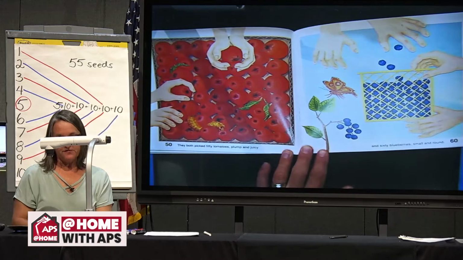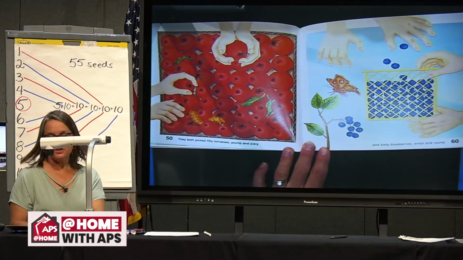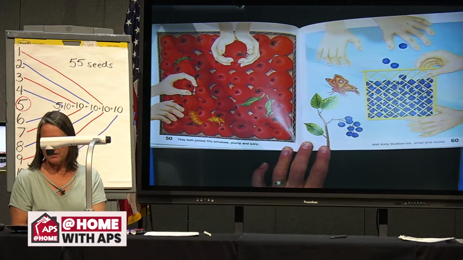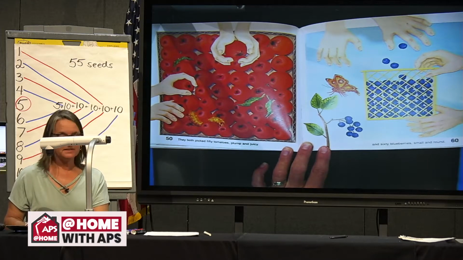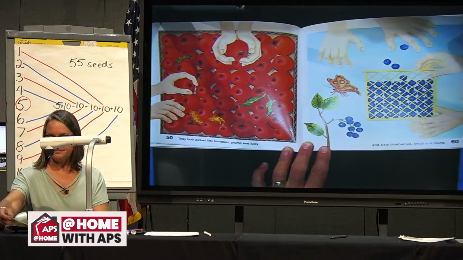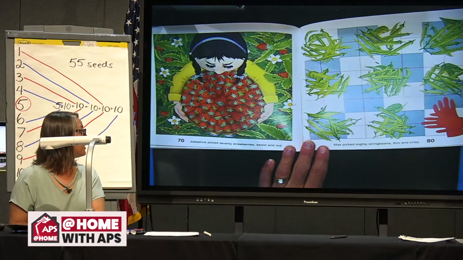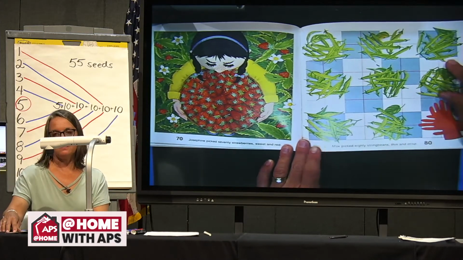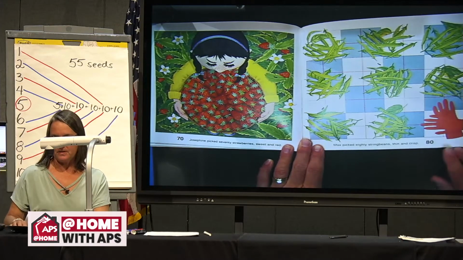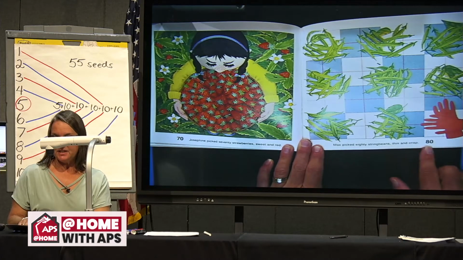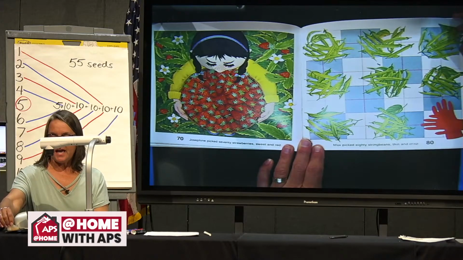They both picked 50 tomatoes, plump and juicy. That is a ton of tomatoes. And 60 blueberries, small and round. Josephine picked 70 strawberries, sweet and red. Oh, yum, yum, yum. And Max picked 80 string beans, thin and crisp.